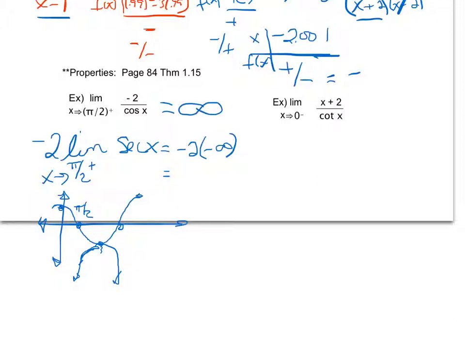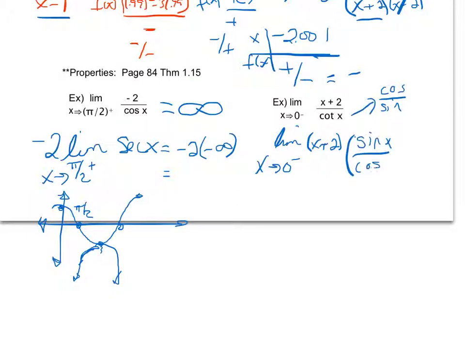If I look at the 5th example, it's kind of the same concept here. So I'm approaching 0 from the left. So I see that I have the limit as x approaches 0 from the left of x plus 2 times cotangent x. I know cotangent is cosine over sine, so instead of dividing by cosine over sine, I'm going to multiply by sine over cosine.